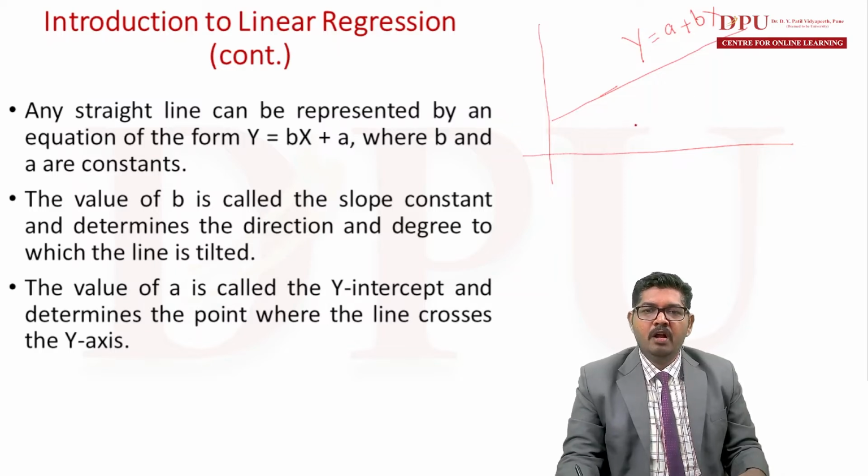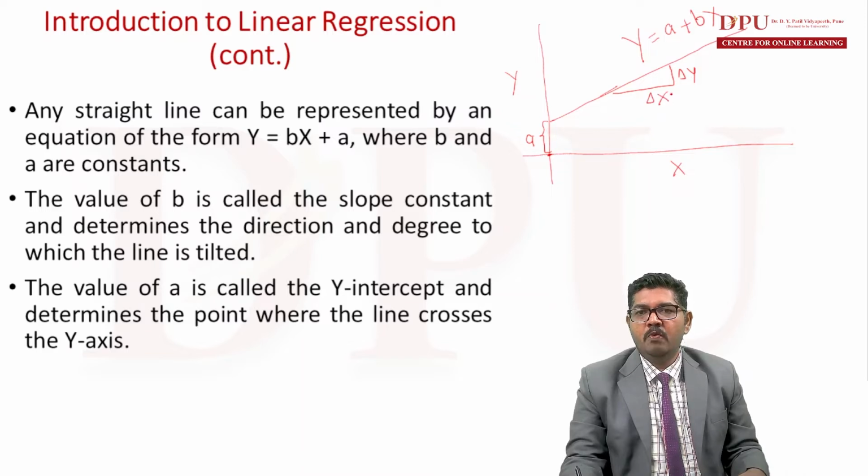Now this intercept, the distance from the origin to this point, is known as the y-intercept, and this y-intercept is nothing but the value of a. And what is b? b is the slope of this line: the change in y divided by the change in x.